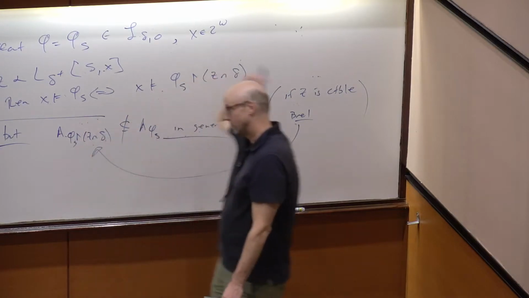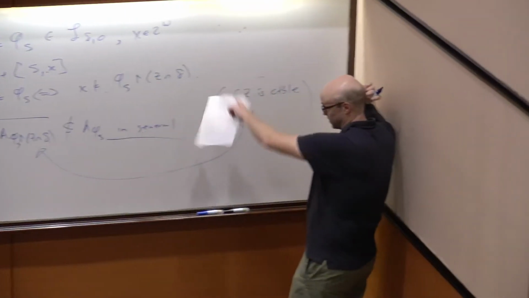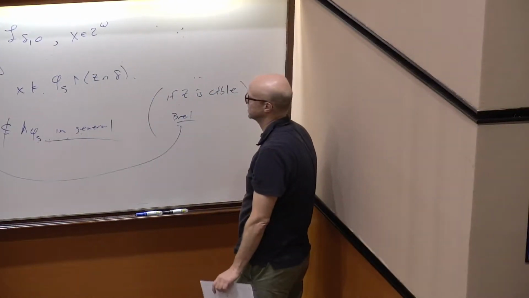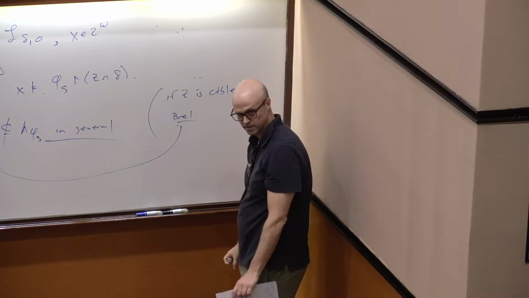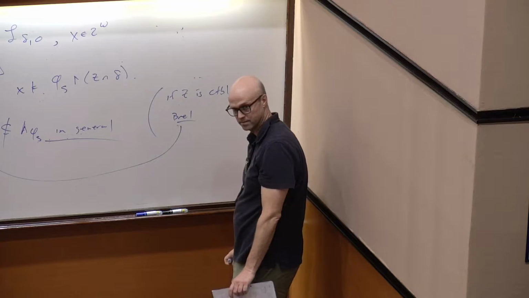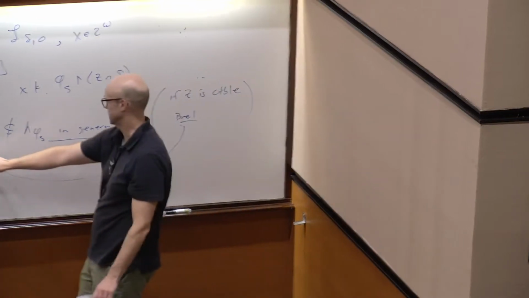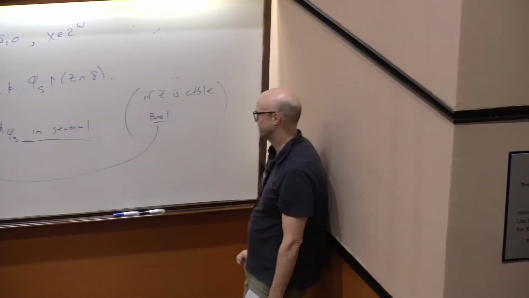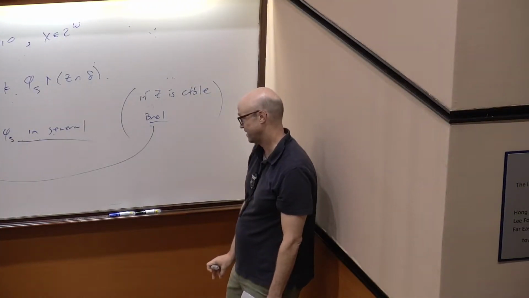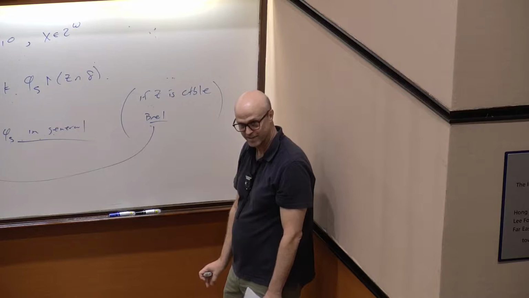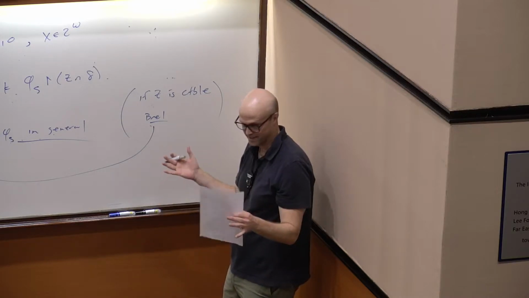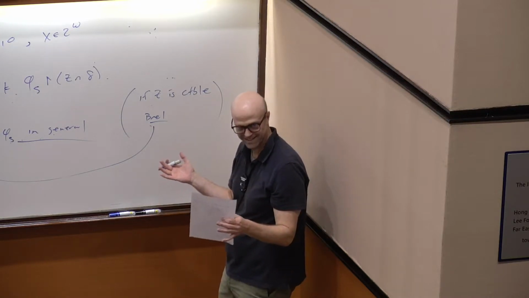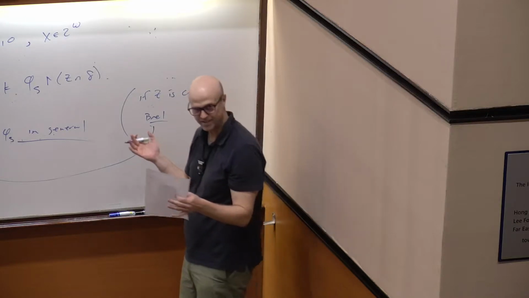All right, so when I cut down in this way in an elementary submodel, then for the reals that I see, we figure things out correctly. But for the other reals, we don't necessarily figure it out correctly. This is kind of obvious: if I'm taking an intersection of a bunch of sets and I only intersect some of them, I'm not necessarily going to be contained in the intersection of all of them.